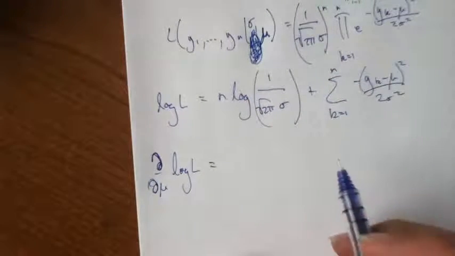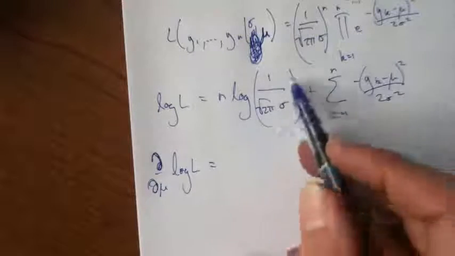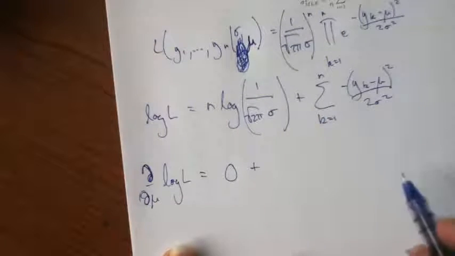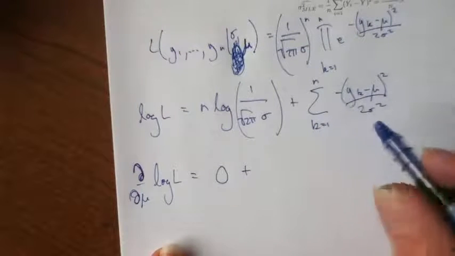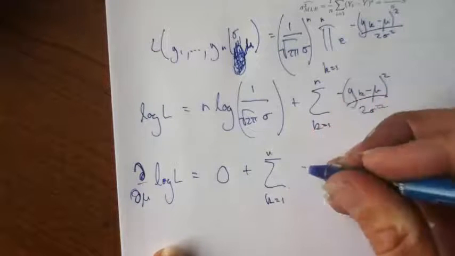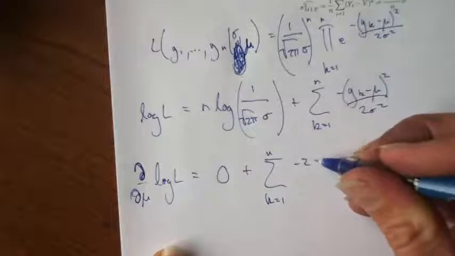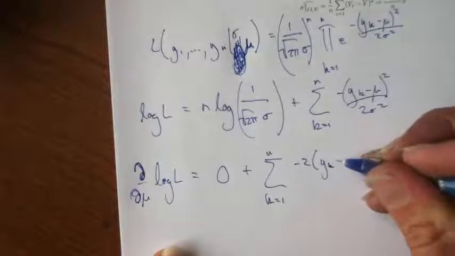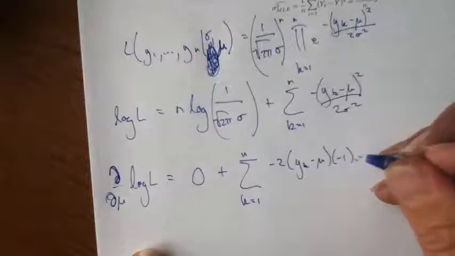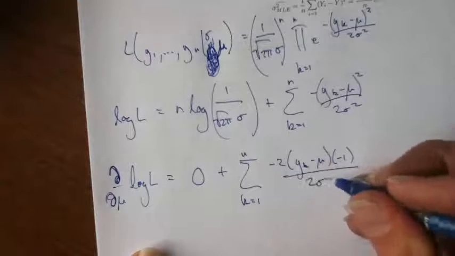So the partial derivative with respect to mu of the log of the likelihood function is going to be, let's see, there are no mu's in this first term, so that's going to be a 0. Plus, if I differentiate all this stuff with respect to mu, I get the sum, k equals 1 to n, of negative 2 (yk minus mu), and then times a negative 1, all over 2 sigma squared.